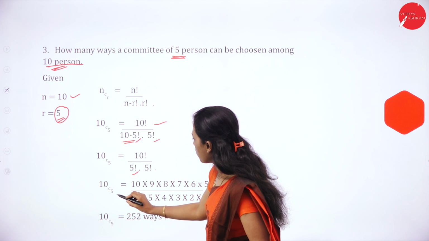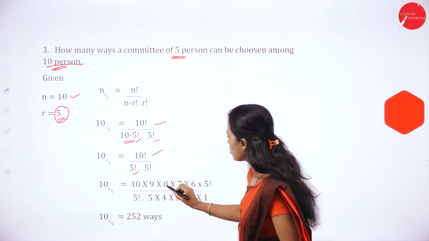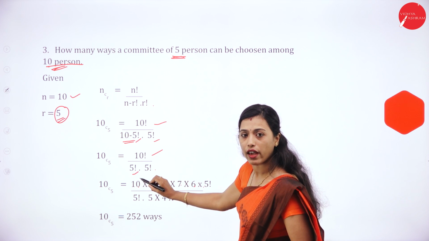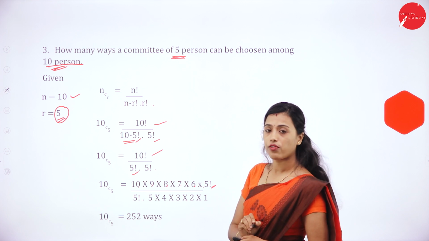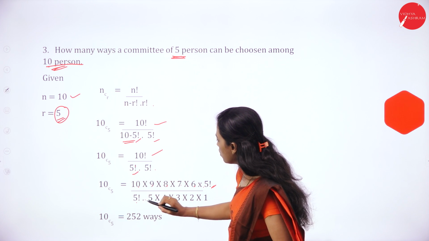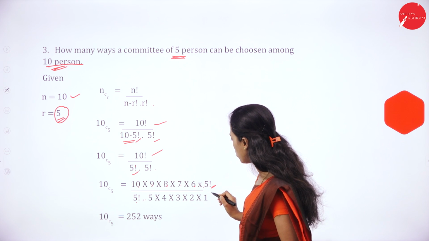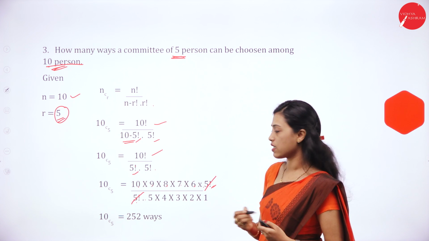So 10C5 is equal to 10 factorial, which means 10 into 9 into 8 into 7 into 6 into 5 factorial in the numerator. In the denominator we have 5 factorial into 5 factorial, where 5 factorial means 5 into 4 into 3 into 2 into 1. Here 5 factorial will get cancelled.